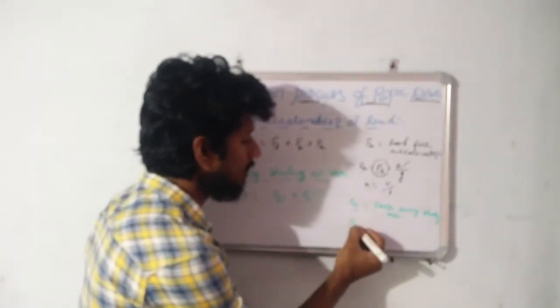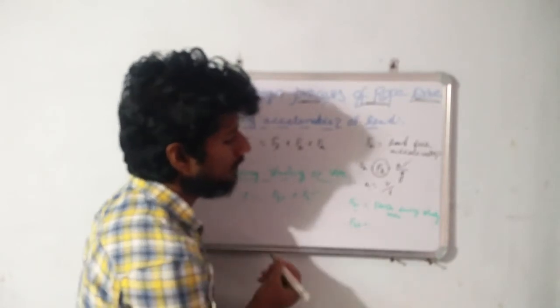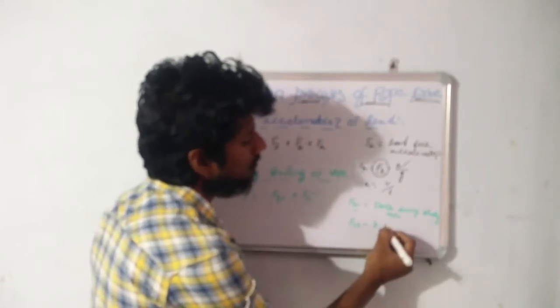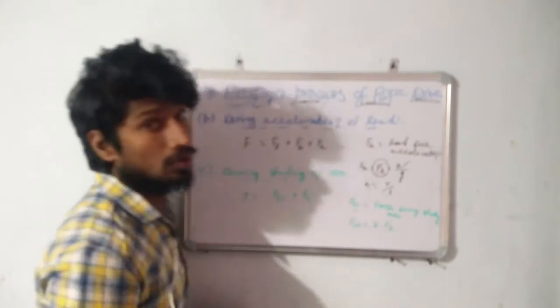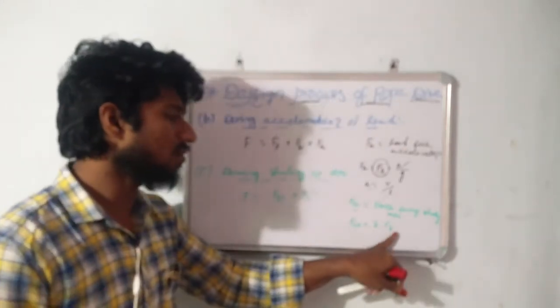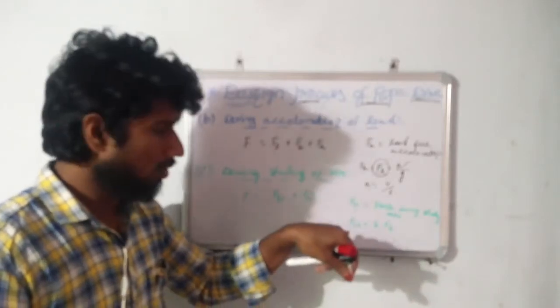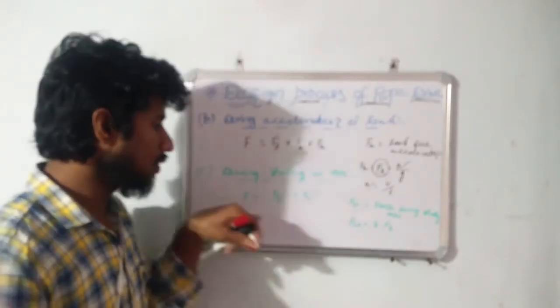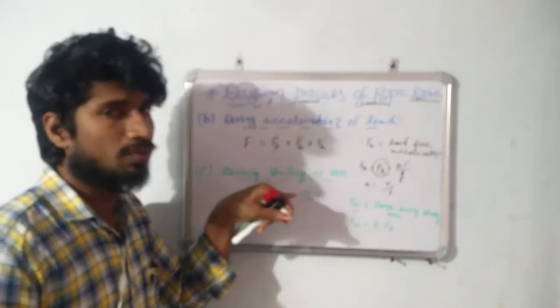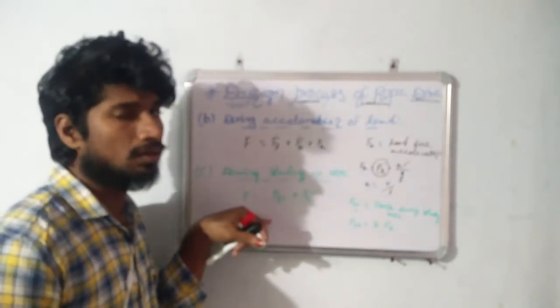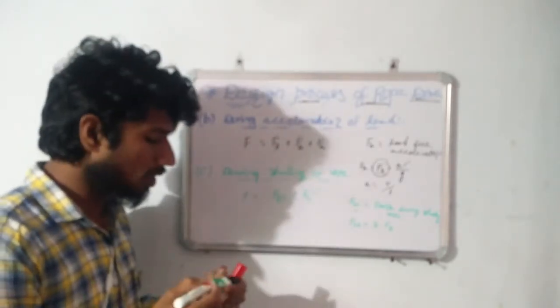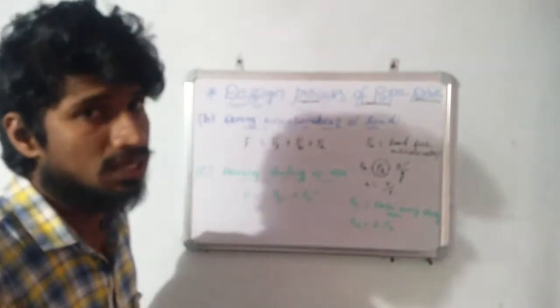So how are we going to find out this FST? That is equal to 2 times Ft. Here we know the value of Ft. When we know the Ft, it is easy to find out the FST. With the help of this FST, we find out the load acting on the rope during starting. So this is one more step in the design of rope.